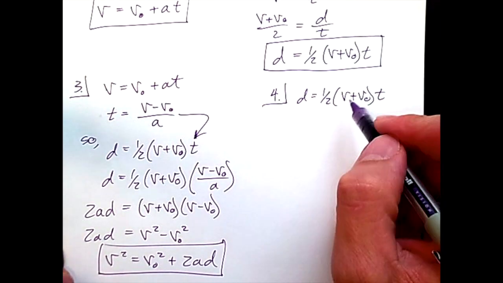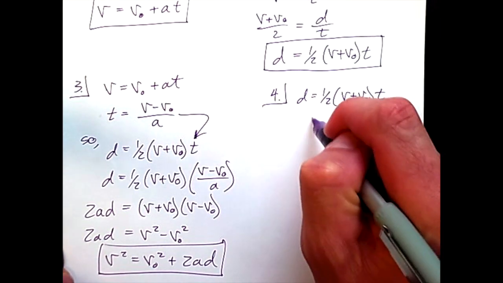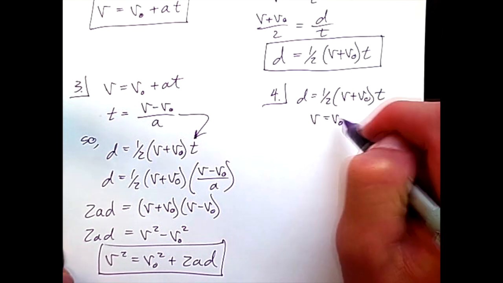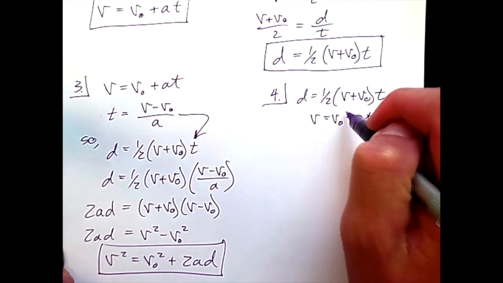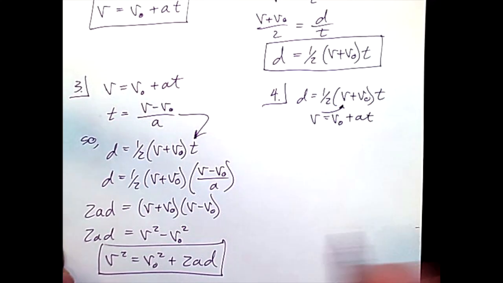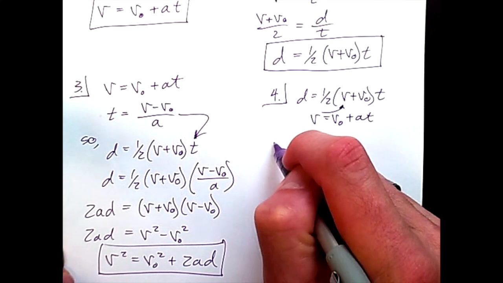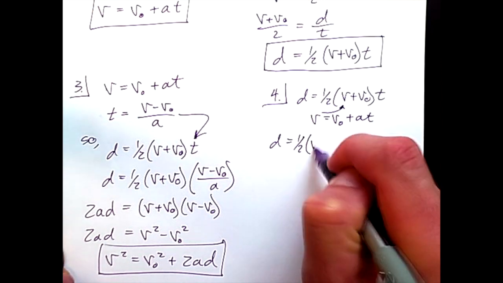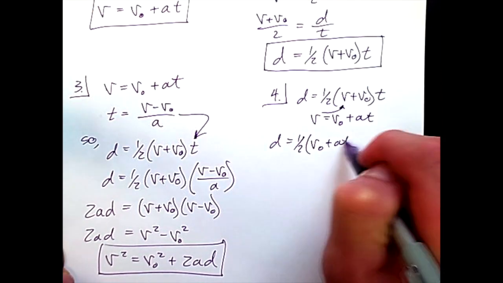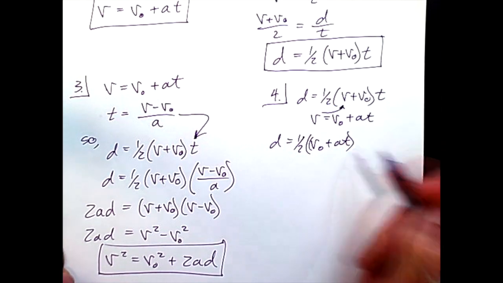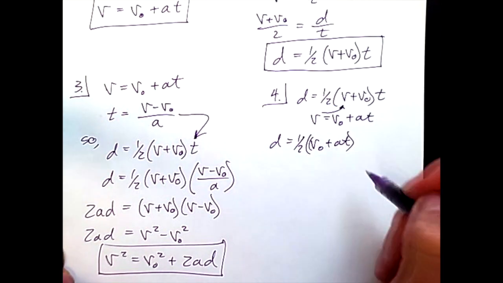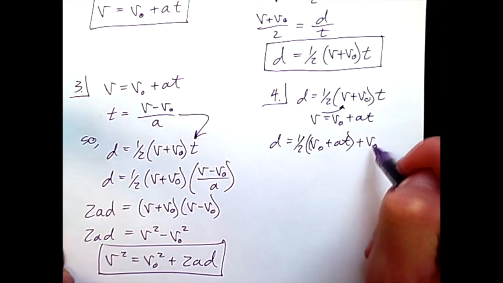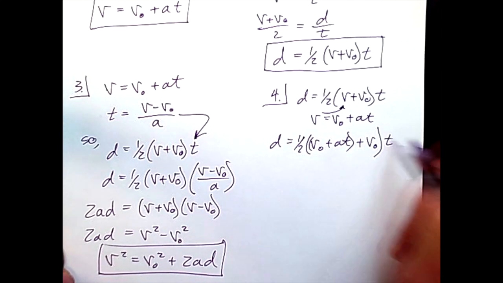And so utilizing my v equals v naught plus at, we're going to take all of that and put that right there. And so this turns into a much longer string of 1/2 the quantity (v naught plus at), which, if we wanted to, we could put in parentheses to indicate that's what's changed, plus my v naught from the original equation, times time.